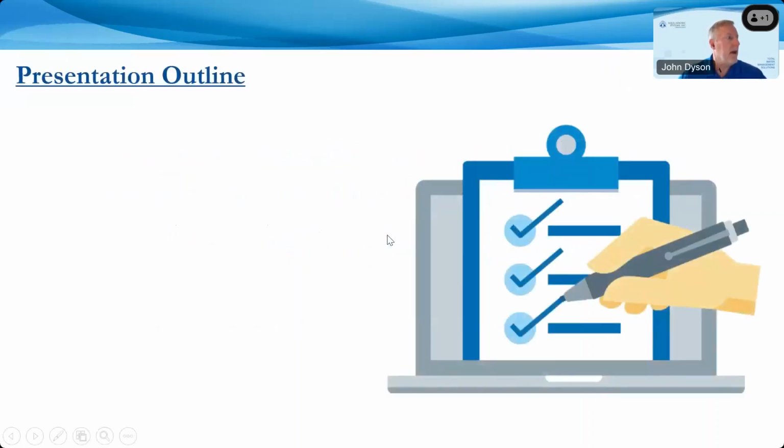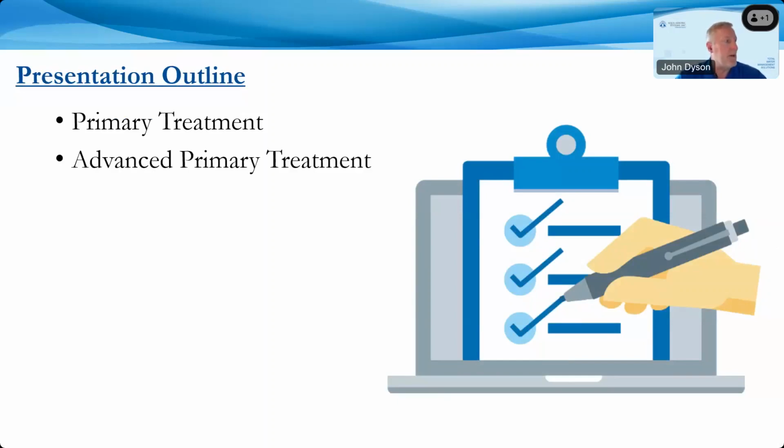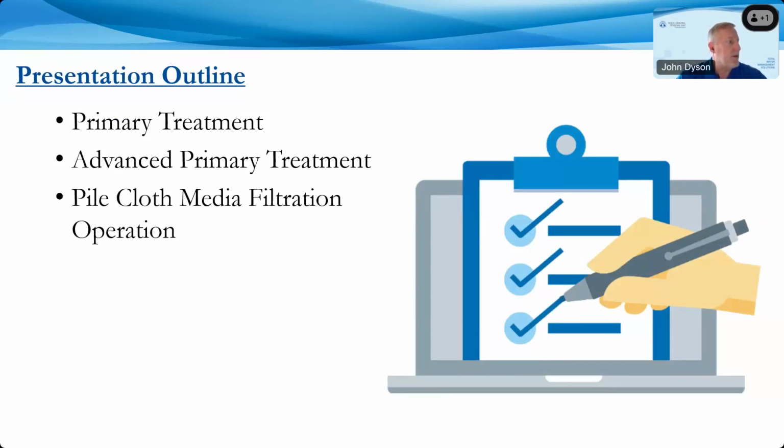For today's webinar presentation, we're going to basically go through a few things when we talk about the use of Pile Cloth Media Filtration technology. We're going to put a definition to what primary treatment is. What's the difference when you use Pile Cloth Media Filtration to create what's now considered in our industry advanced primary treatment?